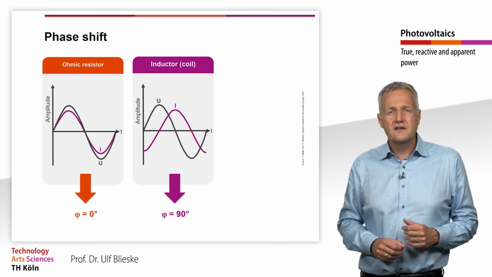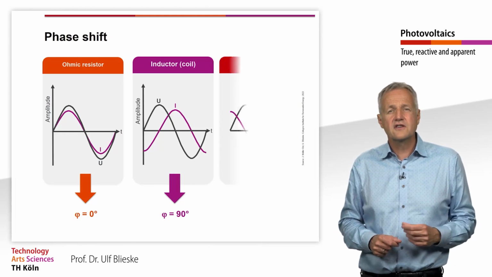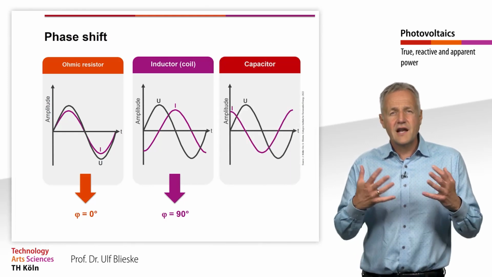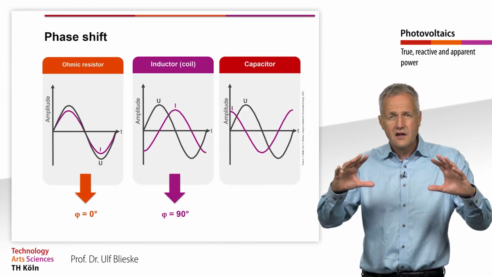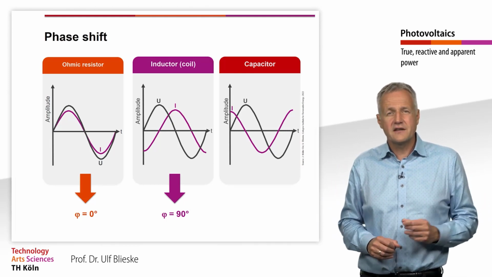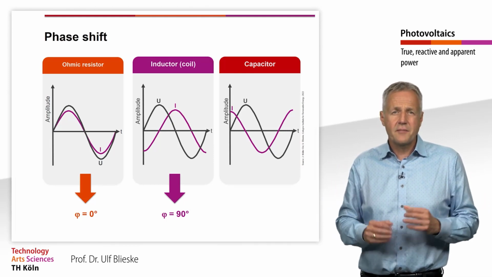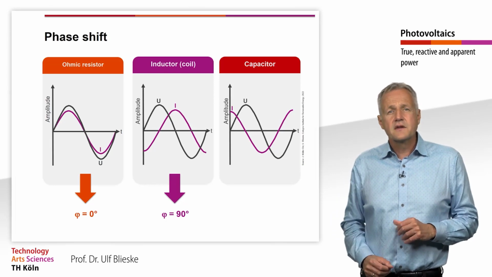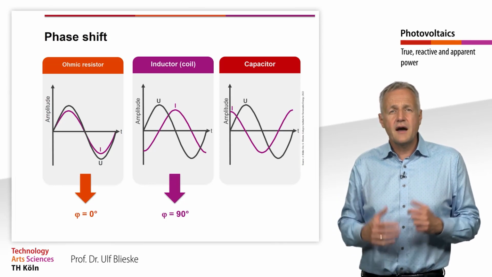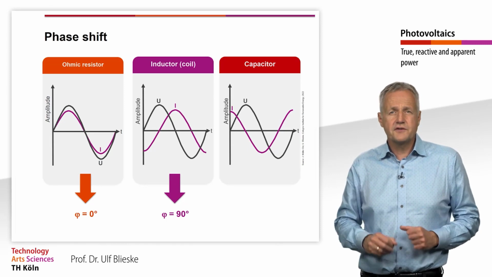If, on the other hand, there is a capacitor in the circuit, the current flow causes electrons to accumulate on the capacitor plates. By charging the capacitor plates, an electric field is built up which causes an electric voltage.